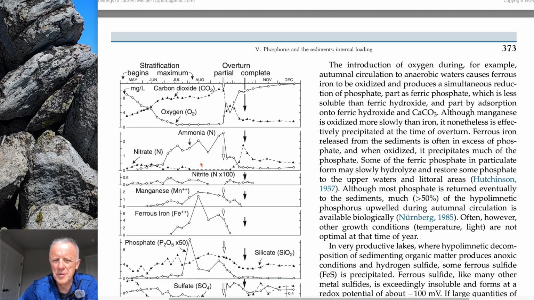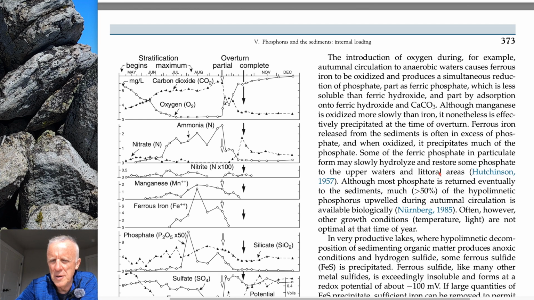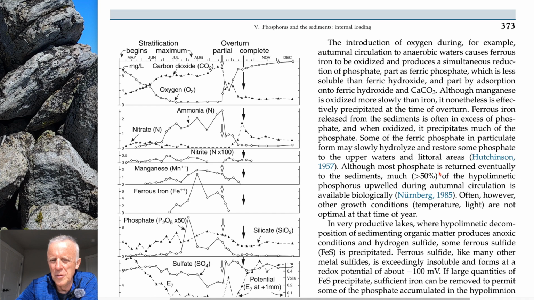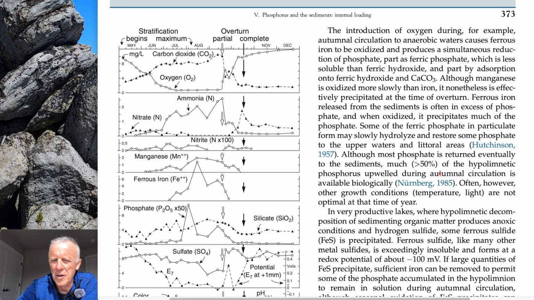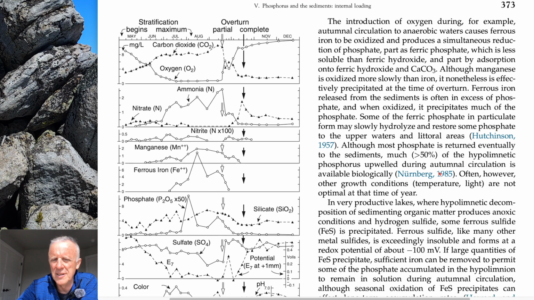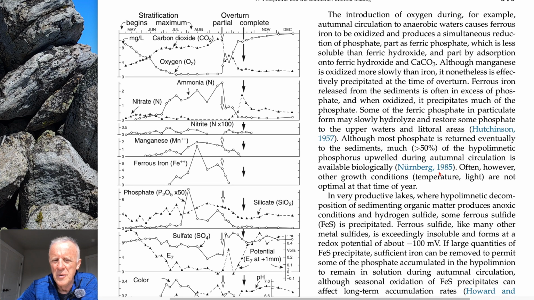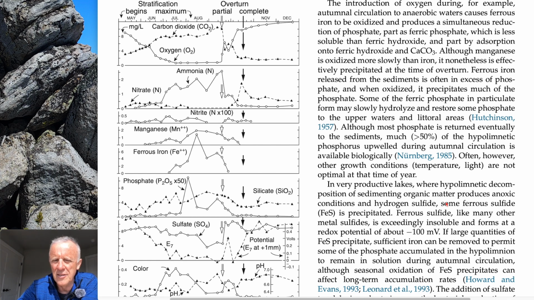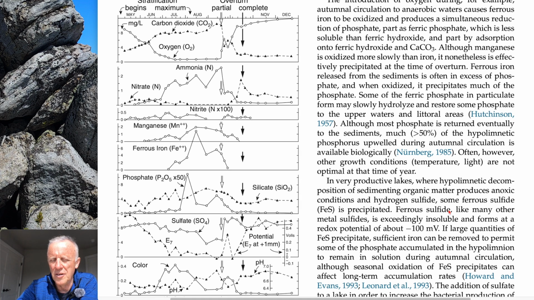So when we move on to this part of the section, the introduction of oxygen during, for example, autumnal circulation to anaerobic waters causes ferrous iron to be oxidized and produces a simultaneous precipitation of phosphates, part as ferric phosphate, which is less soluble than ferric hydroxide, and part by adsorption onto ferric hydroxide and calcium carbonate. Although manganese is oxidized more slowly than iron, it nonetheless is effectively precipitated at the time of overturn.